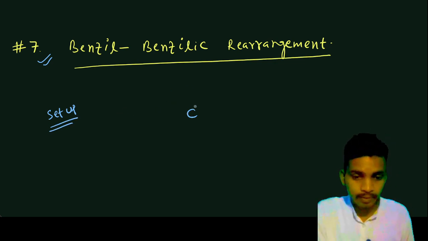What you see is that two carbonyl groups, the CO and CO, are adjacent to each other, and let's say some other groups are there.